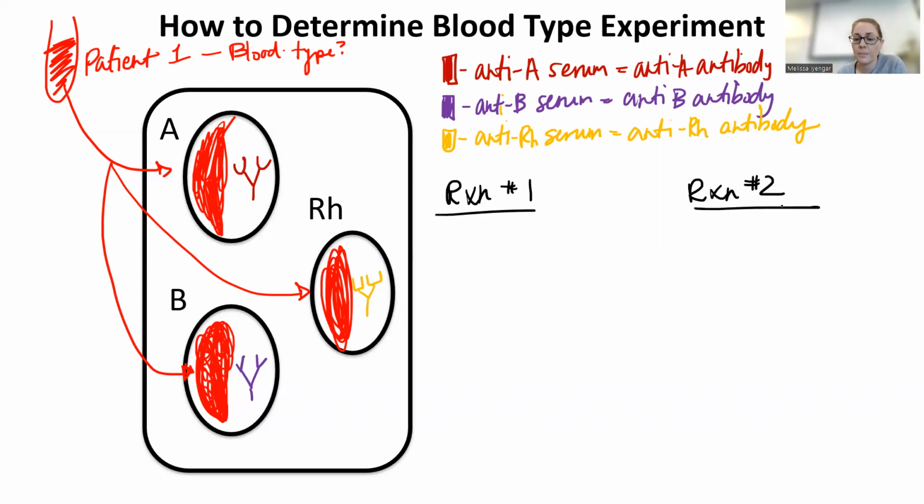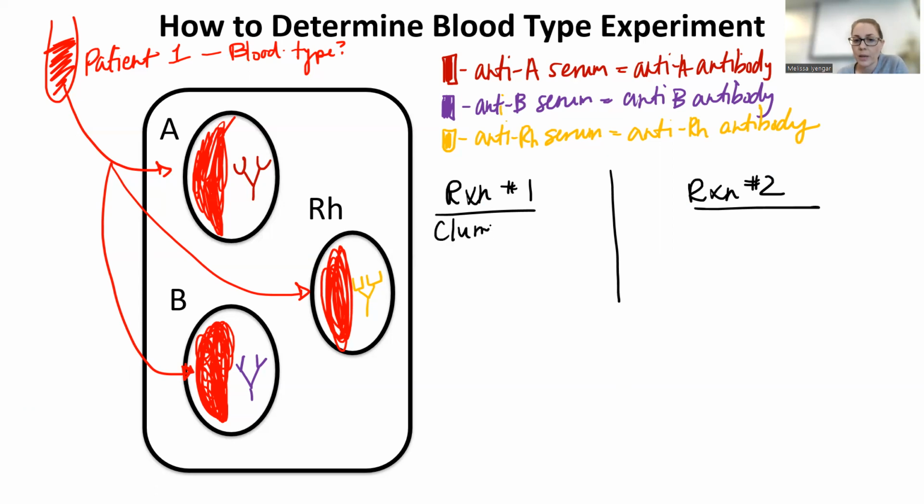I want you to think about that. If the antigen is present, what reaction is going to happen? If the antigen is present, you're going to have agglutination. In this, it's going to get thicker and kind of clump together because the red blood cells will clump or cluster.